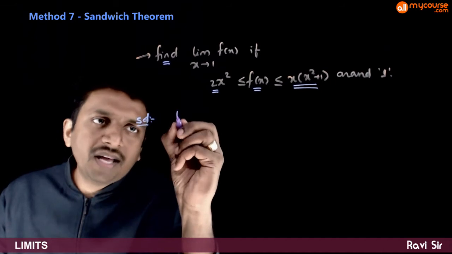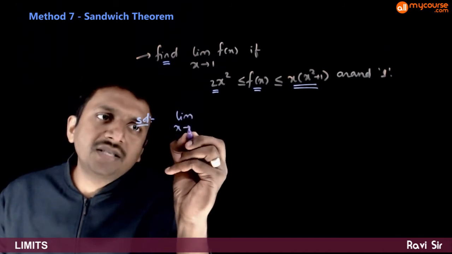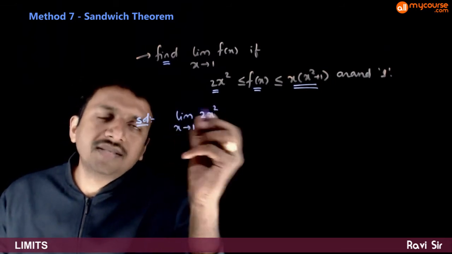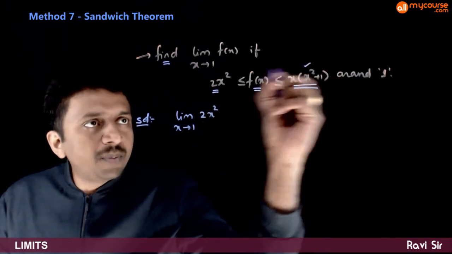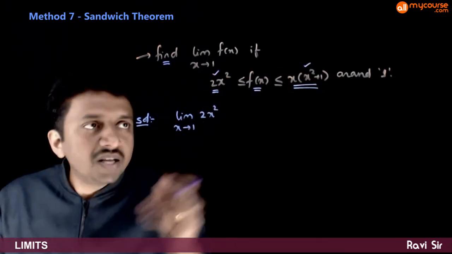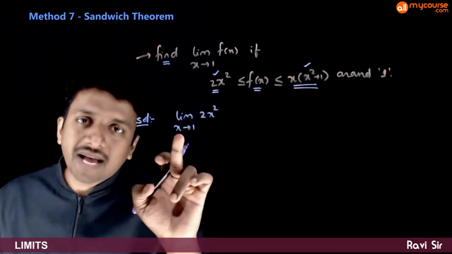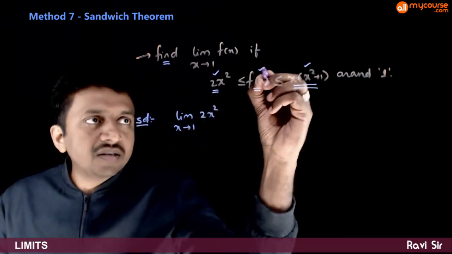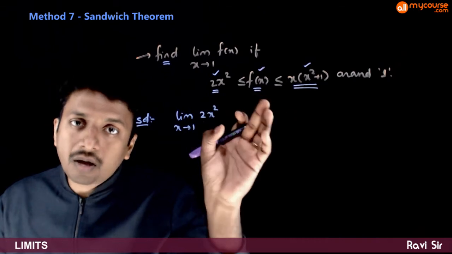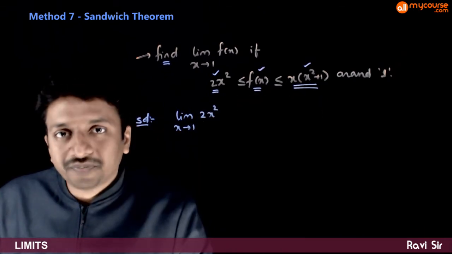Now, what is limit x tends to 1, 2x squared? So this is the upper bound, this is the lower bound. If both these functions tend to the same value as x tends to 1, f of x, which is in between them, also should go to the same value.